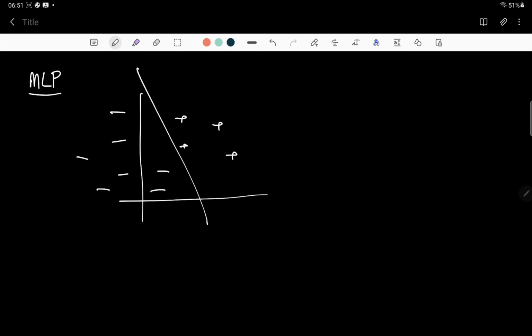if you have a line here that can be used to separate both classes and completely separate them, in this case we call it linearly separable. It indicates that you can use a straight line to separate both classes.